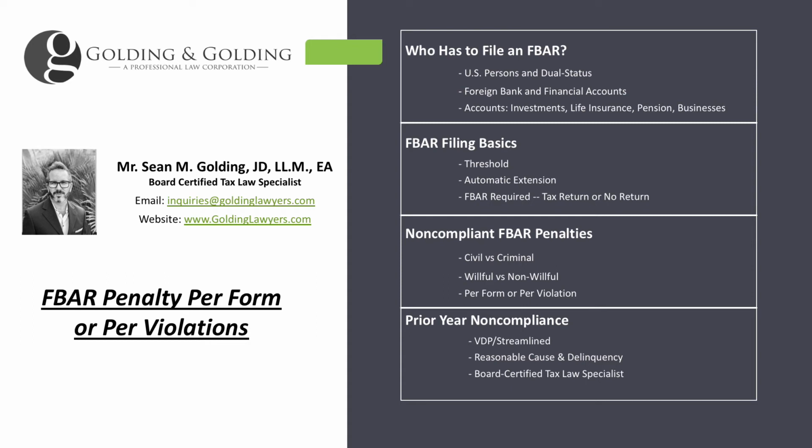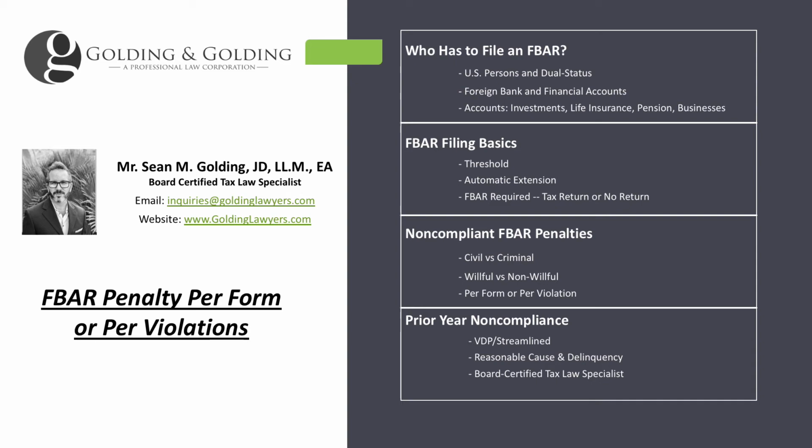They could hit you with a $10,000 penalty per year, 3 to 6 years. 6 years is the FBAR statute of limitations. Or if you get the worst guy or gal on the worst day of their career and they just don't like you, well, they could hit you with a $10,000 per violation per year penalty.